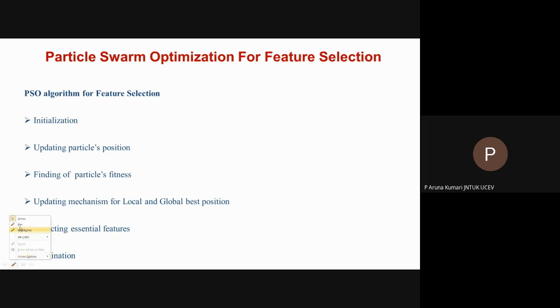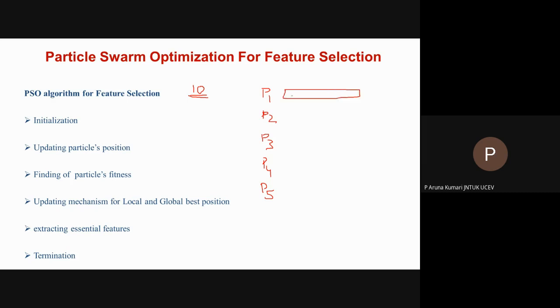That means we have particle 1, particle 2, and I have selected my population size as 5, and the particle size is equivalent to 10, since after feature level fusion I got 10 features.